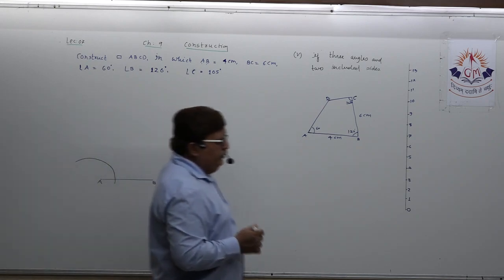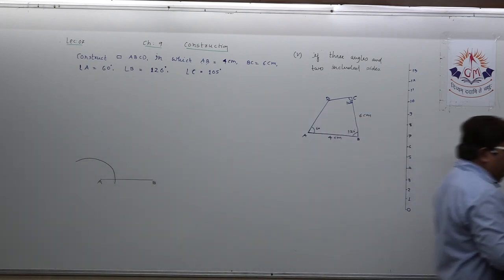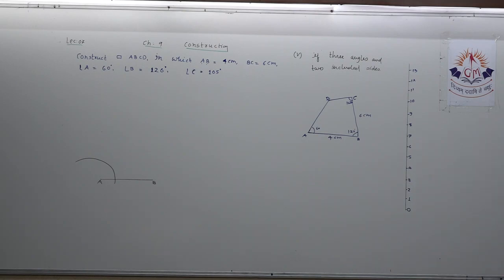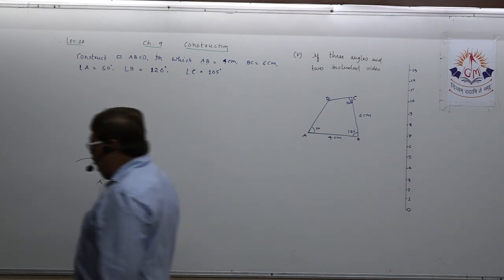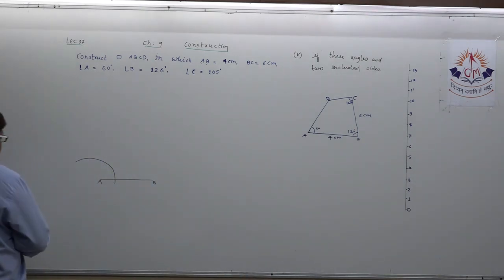Please remember this. Centering your compass at A and taking some appropriate radius, you have to draw an arc. And here the radius needs to be appropriate, that you all know very well.